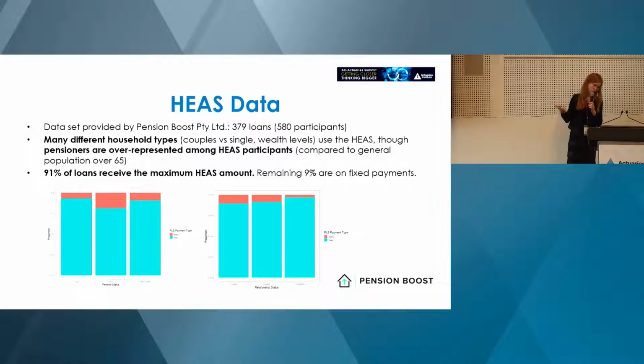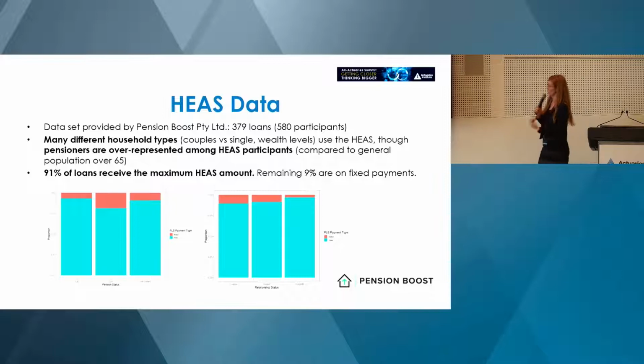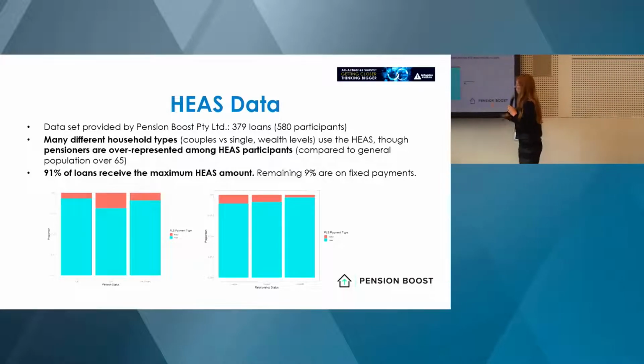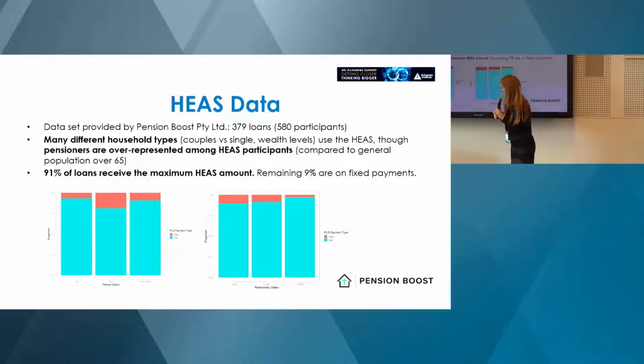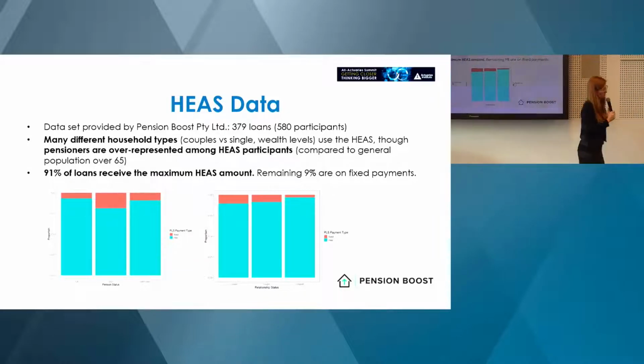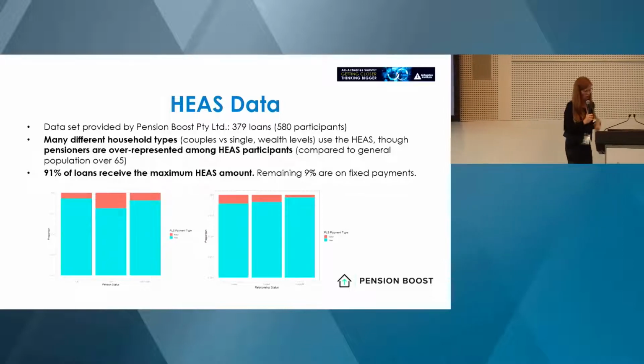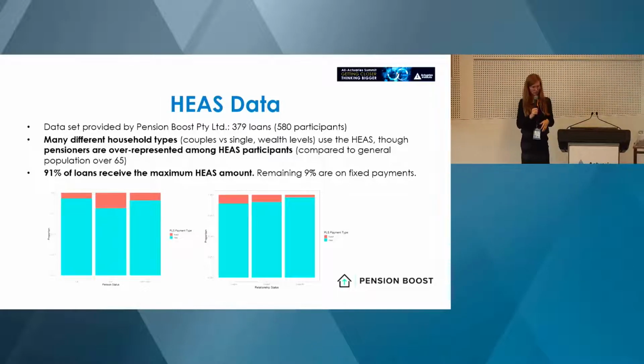So it is a scheme that attracts households that are relatively less wealthy, and most people advised by this main provider take out full payments, they go to the maximum. All these blue numbers are probably very hard to read, but we find that 91% of those in the data set choose the maximum amount, which is consistent with our modeling in terms of what people should be doing.